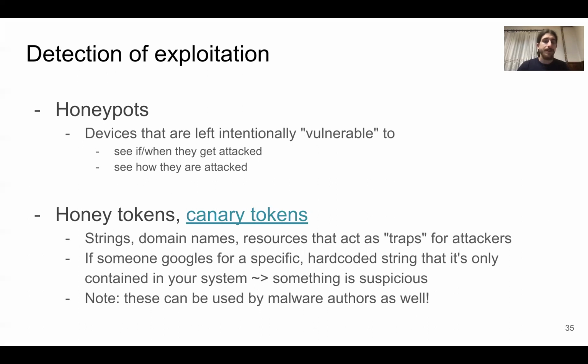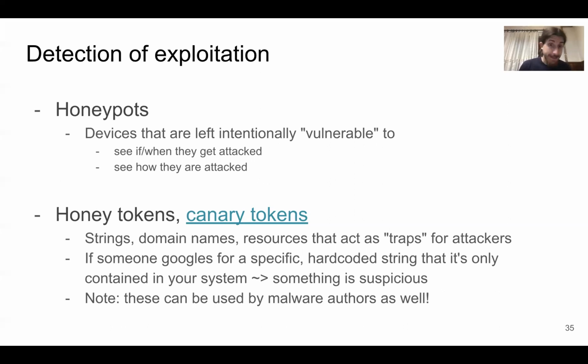And then the last step is, okay, let's say that attackers are able to exploit bugs that are in the code. Can we at least detect that somebody is exploiting something? And that's where honeypots kick in. Honeypots are devices that are intentionally left vulnerable, usually accessible on the internet, so that you wait and see if somebody is actually attacking them.